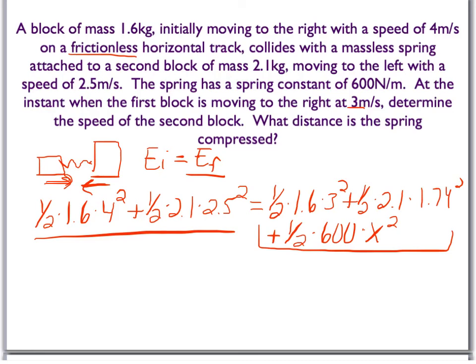If you'd like to pause the video and try it for yourself, see if you can solve for the x value. Actually, let's just get the x all by itself. So if you solve for x, you'd find that this x value comes out to be about 0.173 meters. Check yourself and see if you got it.